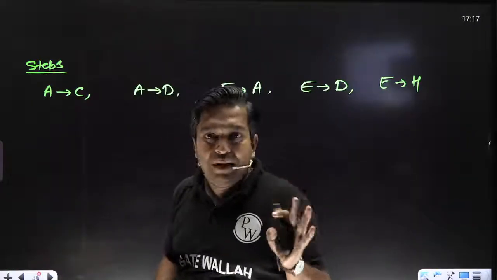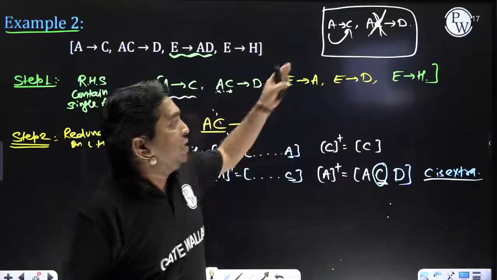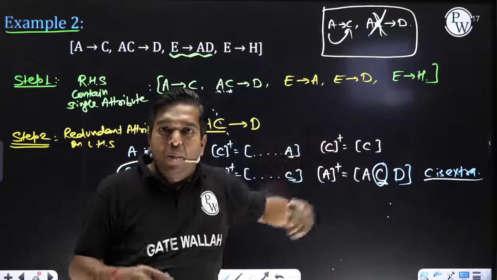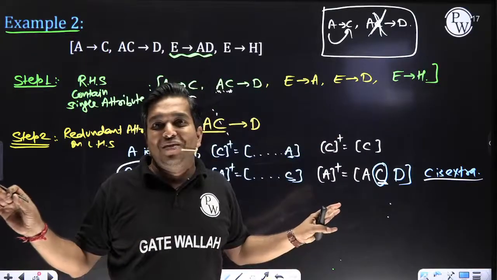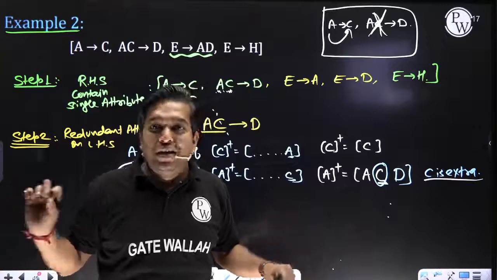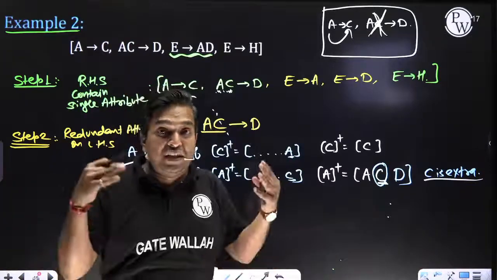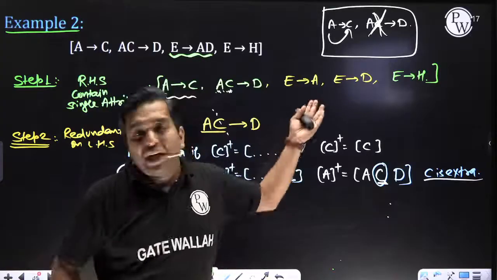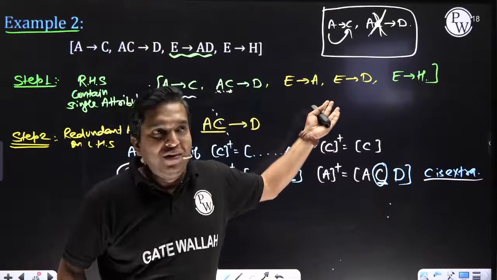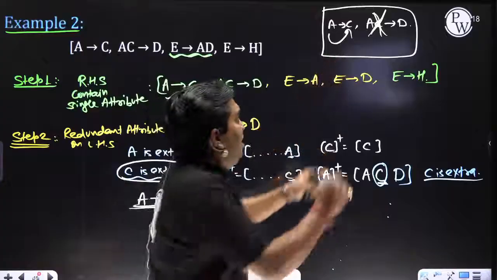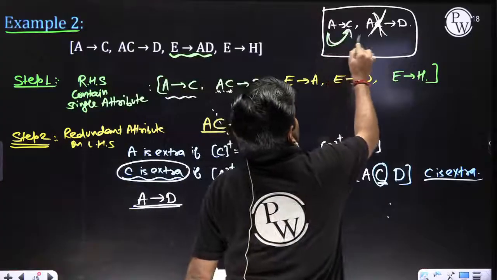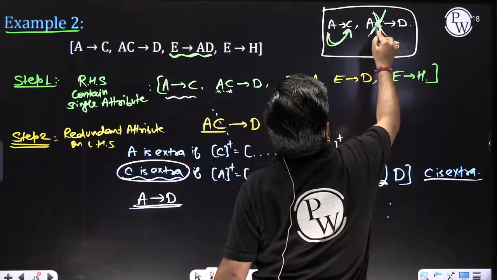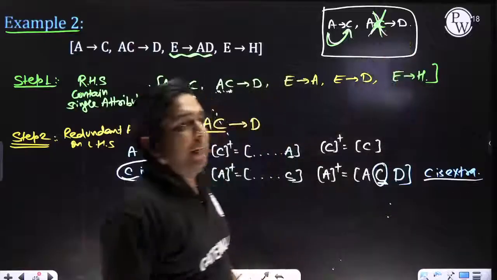Are you getting the meaning? What the Korth book is telling and what the Navathe book is telling, both have the same objective. The interpretation is different, but the meaning is the same. If you think broadly, both are saying the same thing. Like here, A to C is there, then A is extra.